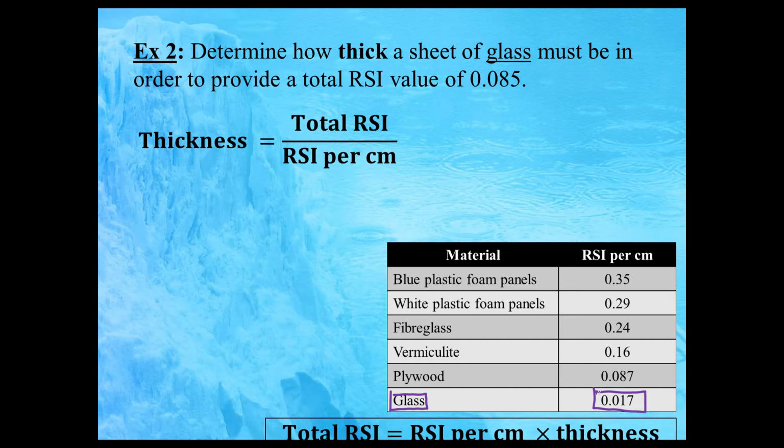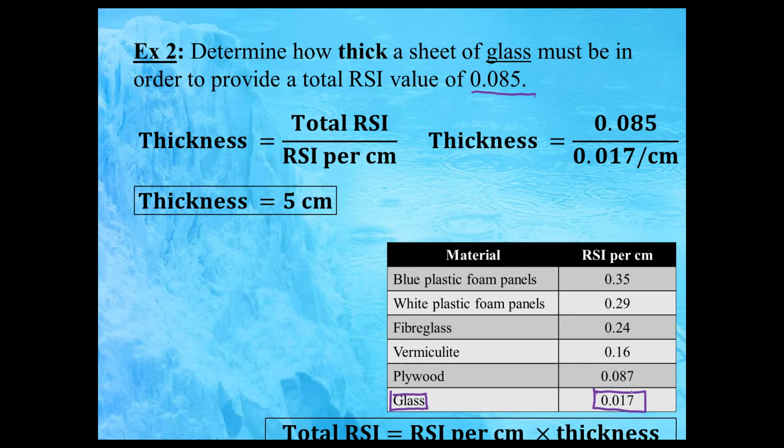So the total RSI value is 0.085. Again, the total value has no units, and the RSI value per centimeter is 0.017. Let's plug these numbers in. So you have the thickness to be 0.085 divided by 0.017 per centimeter. And that's going to give you a material thickness of 5 centimeters.